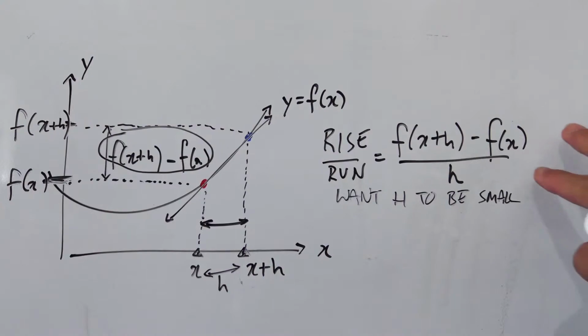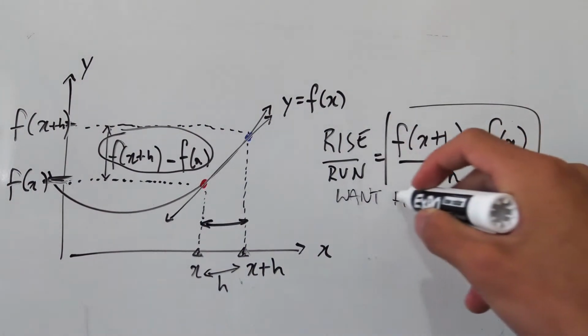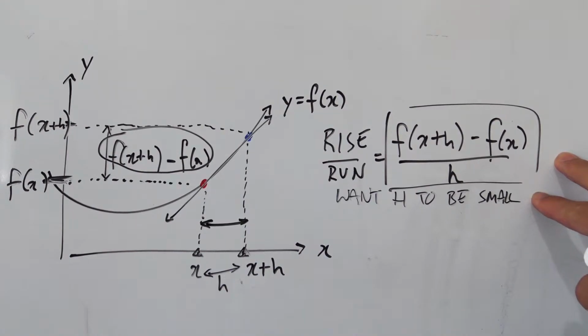The idea is we want to see what happens to the gradient of the secant as our h gets very, very small. So we have to introduce some new mathematical notation for that, because we don't want h to be some discrete finite value.